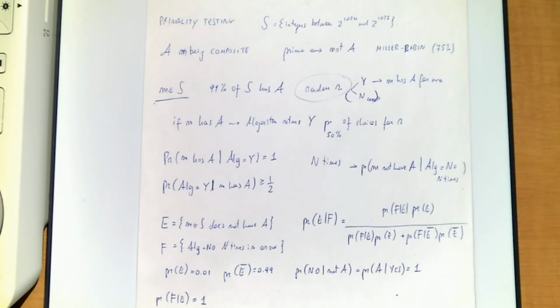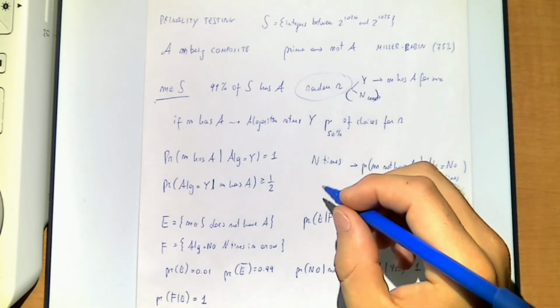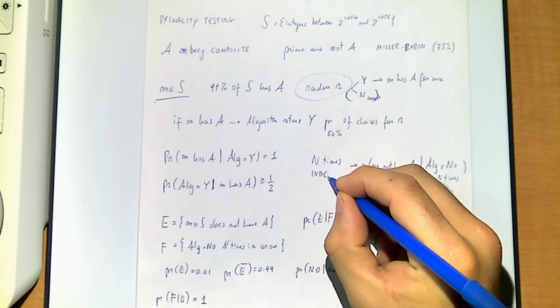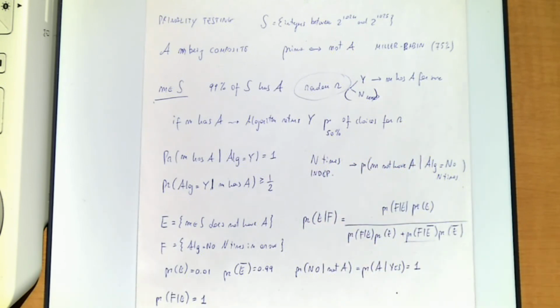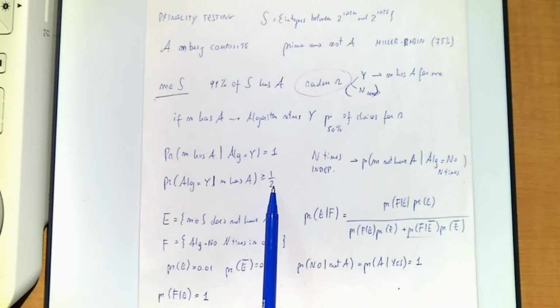Now the last thing that we need to compute is this piece, which is the probability of a false positive. We run the algorithm n times independently. The different times and different bases are not related to each other. So I run the algorithm n different times, and this is where this probability comes into play.